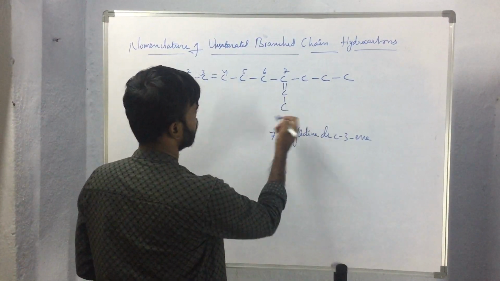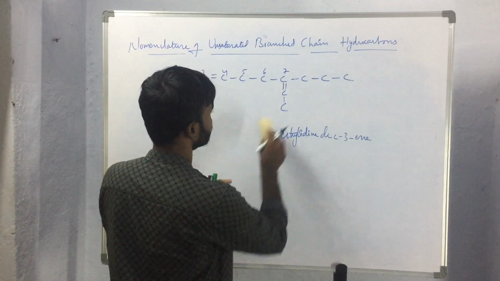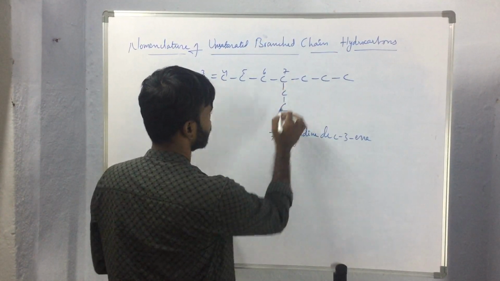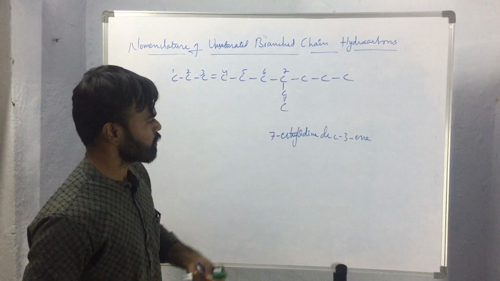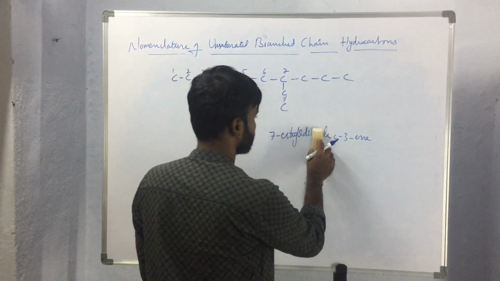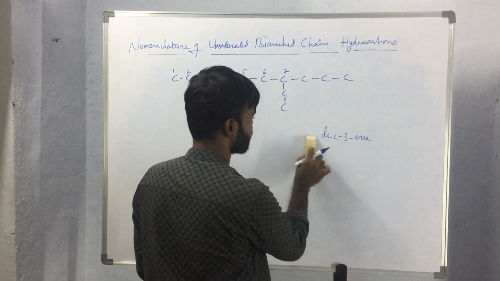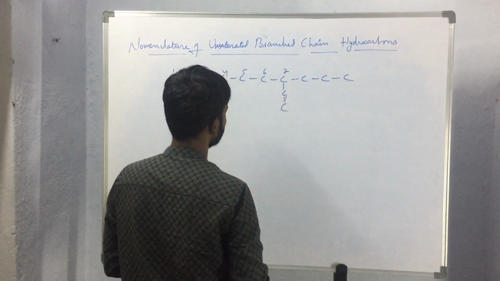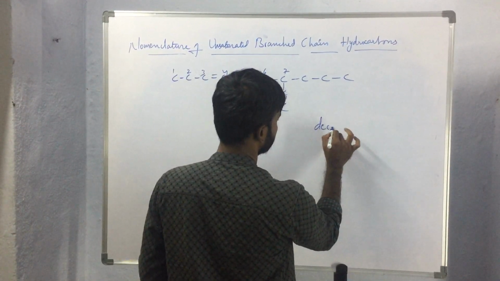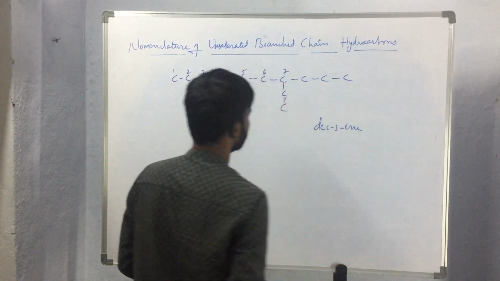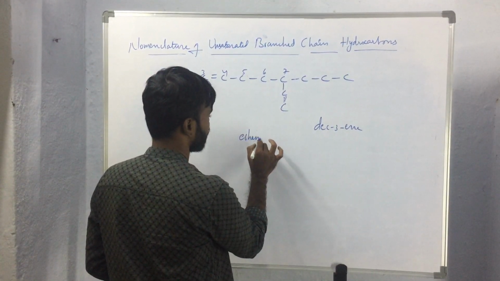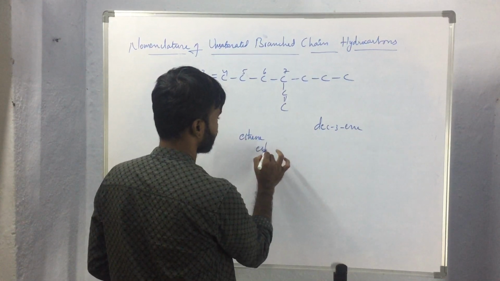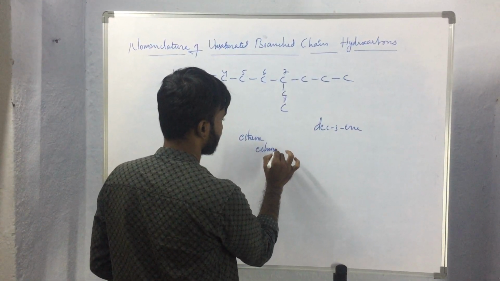So what if the unsaturation is separated like this? In this case also, as we have seen in previous cases, as usual the name of the parent chain will be dec-3-ene and the side chain, instead of writing ethene, we will be writing ethenyl.